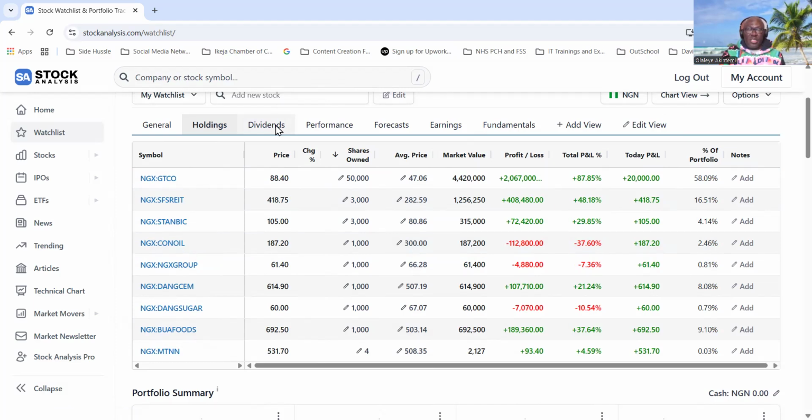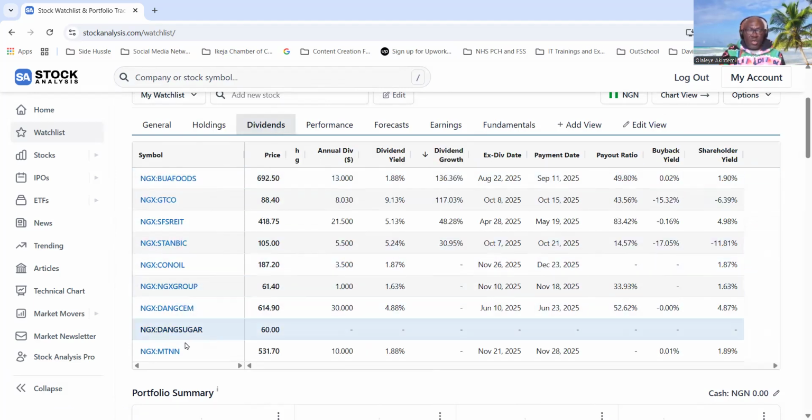So if I click on dividend, let's see corn oil, even though I've not bought the shares of corn oil, here it's telling me that the share price for corn oil is 187 naira, and the last dividend that corn oil paid is 3 naira 50 kobo. So obviously the information I've entered over there is a bit on the high side.